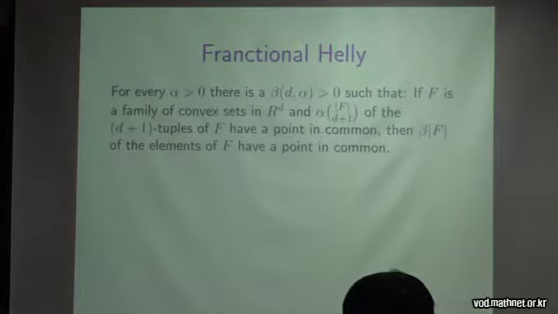So for every alpha I choose here, there's going to exist some positive proportion of them where I can still find a point in common, which is kind of what you would expect, right? If many d plus 1 tuples have a point in common, then there should be a point in common to many of the elements of the family.